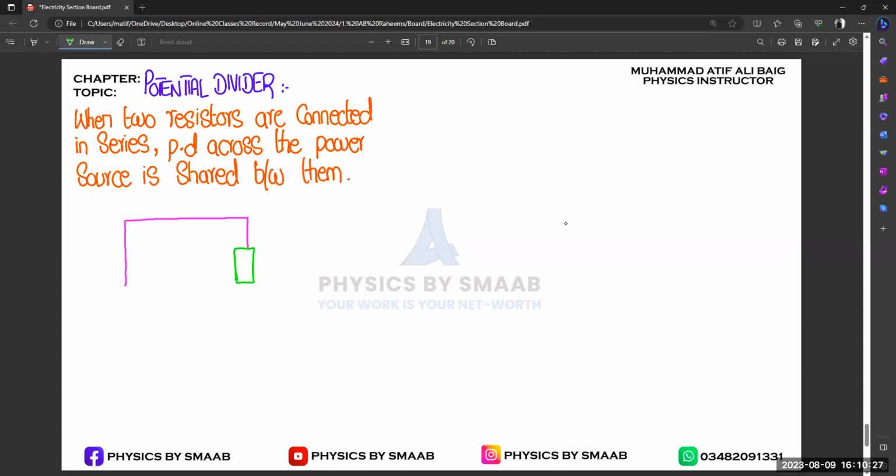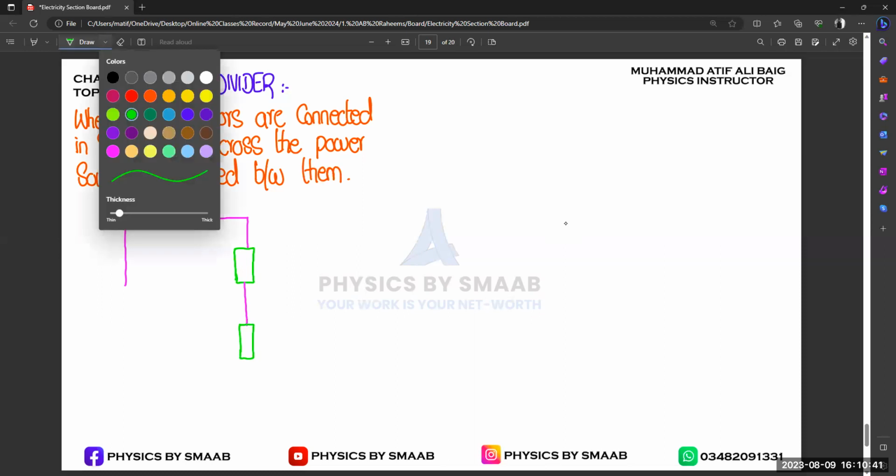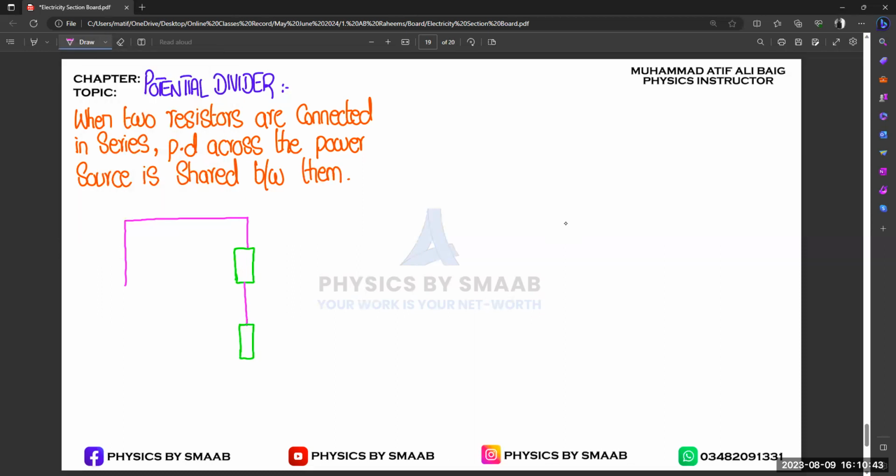Okay, so this is our one resistor, and then we connect another resistor. So this is another resistor, right? And the remaining components in the circuit, this will be the positive, this will be the negative sign, and some also make the sign of the battery like this.